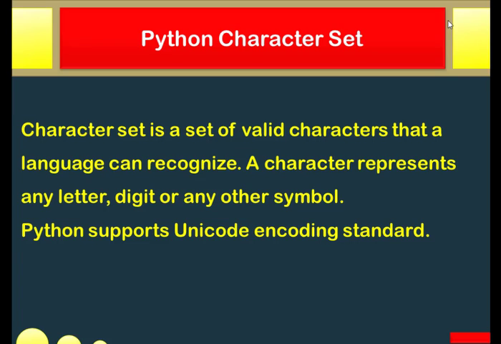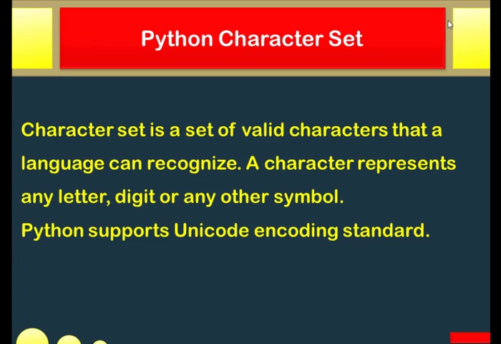So what is given here? A character set is a set of valid characters that a language can recognize. For example, if I am inputting A, I am pressing the key A. The compiler or the interpreter of the language should understand what this is. What is happening there?